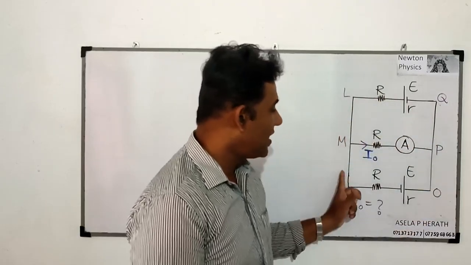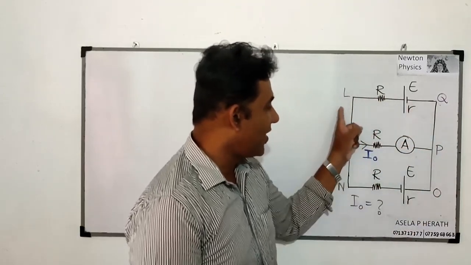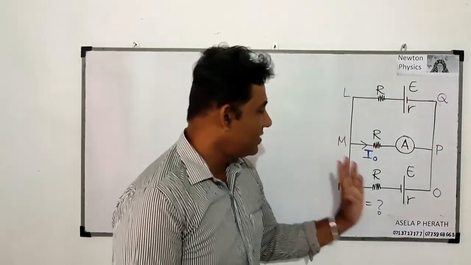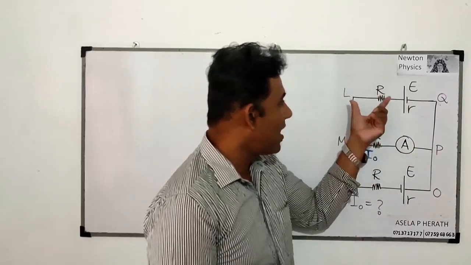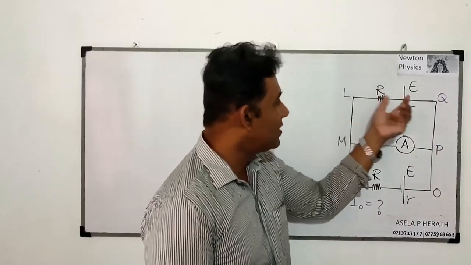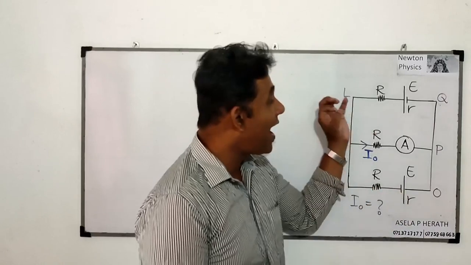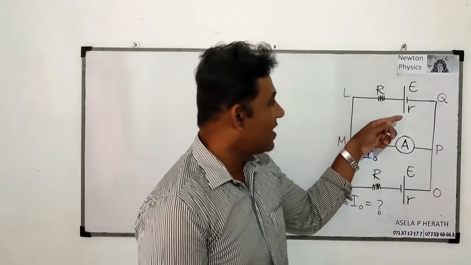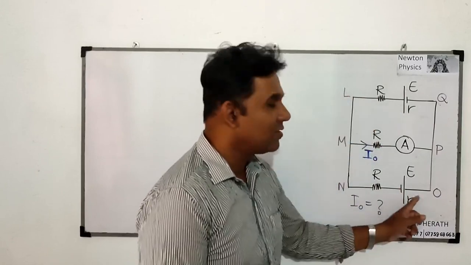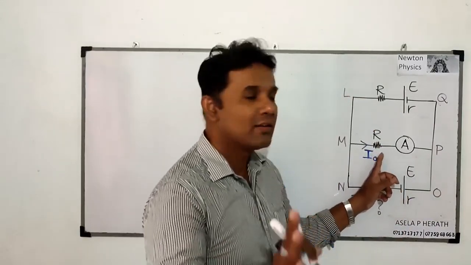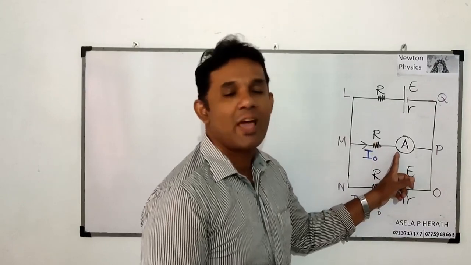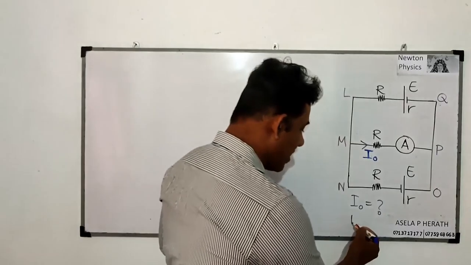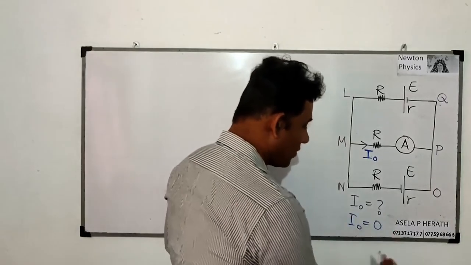That means the electromotive forces are arranged counterclockwise. Since these two parts connected across LQ and NO are identical, and the electromotive forces are arranged in the same direction, a current doesn't flow across this ammeter. That means my answer is I0 equals 0. Do you believe it?